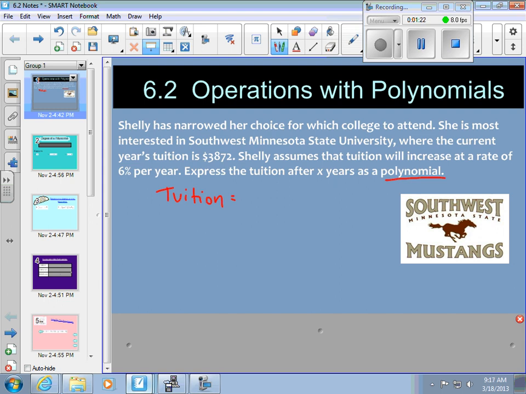So this one will be her initial one times or plus the rate, and we always do percentages as a decimal, so it'd be 0.06 times 3872. So it's going to get multiplied on. So that would be her tuition for the next year.